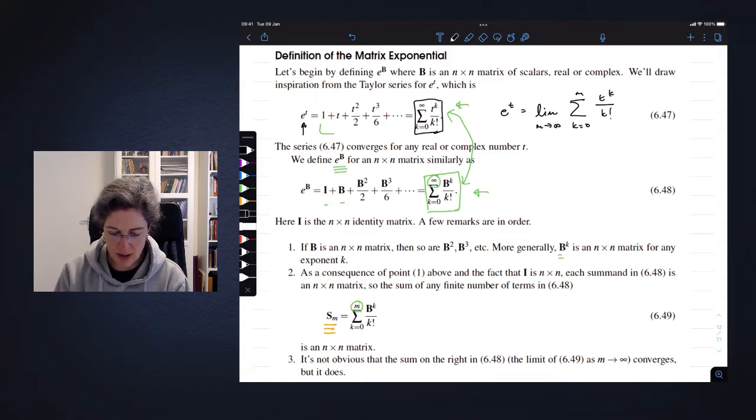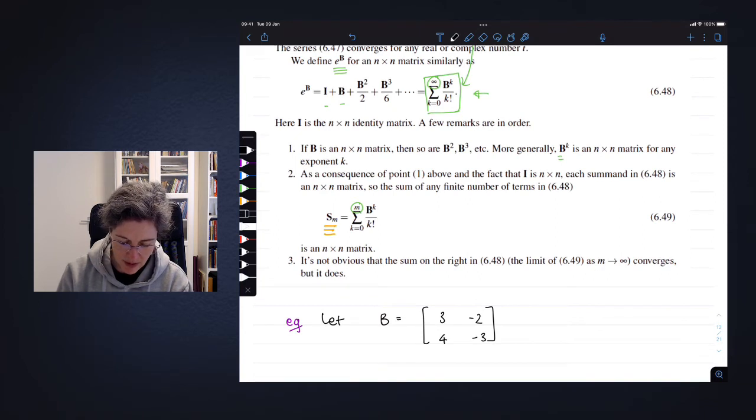So instead of putting our infinity here, we could say, well, e to the t is what happens when we take the finite sum here and let the end of the sum go to infinity.